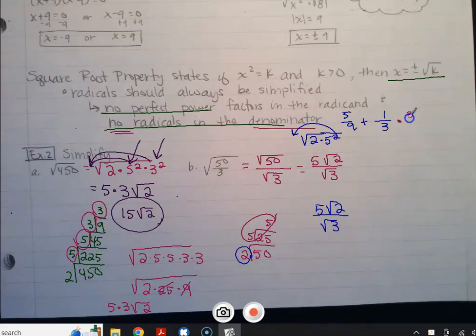So we multiplied by 3/3, right? So we'd have 5/9 plus 1 times 3 is 3, 3 times 3 is 9. You with me? A similar concept we're using here, we're going to multiply this whole thing by the square root of 3 over the square root of 3.